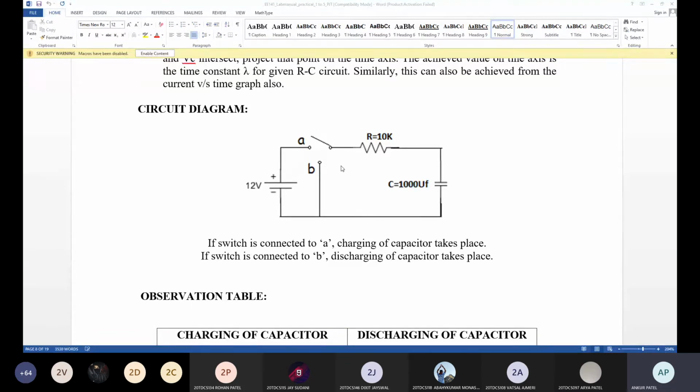If this voltage appears across this resistance, what will happen? Anyone have an idea? Initially the capacitor has no charge. Now we are giving supply to this capacitor, then this voltage momentarily acts across the resistance, then what will happen?